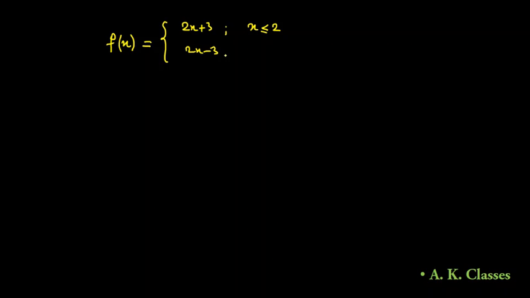So left hand limit is not equal to right hand limit, so x equal to 3 is a point of discontinuity. Okay. Understood? Any doubt? Okay.